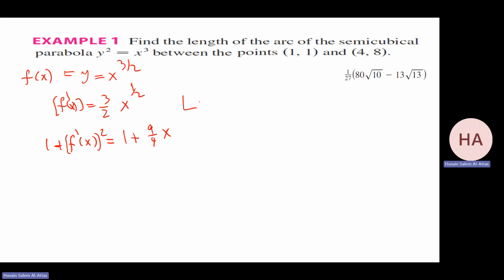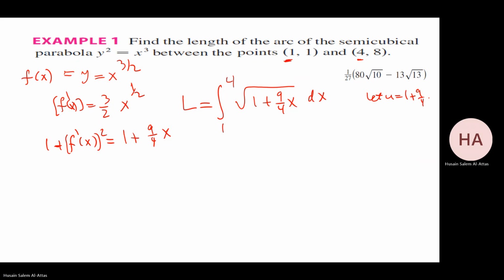So L will be the integral. I have the x values from 1 to 4, the integral from 1 to 4 of the square root of 1 plus 9 over 4 x dx, which is easy to do. I can let u equal 1 plus 9 over 4 x, and du will be 9 over 4 dx. So I need 4 over 9 outside.